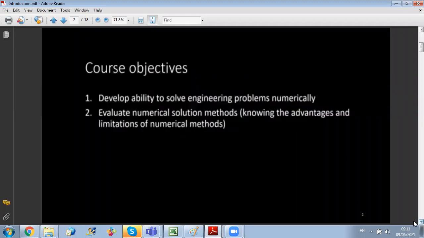The course objective is to develop the ability to solve engineering problems numerically and to evaluate numerical solution methods, knowing the advantages and limitations of numerical methods. At the end of this course, we will be able to select the appropriate numerical method to solve a certain problem. As we said, it can be an engineering problem, or any problem involving equations.